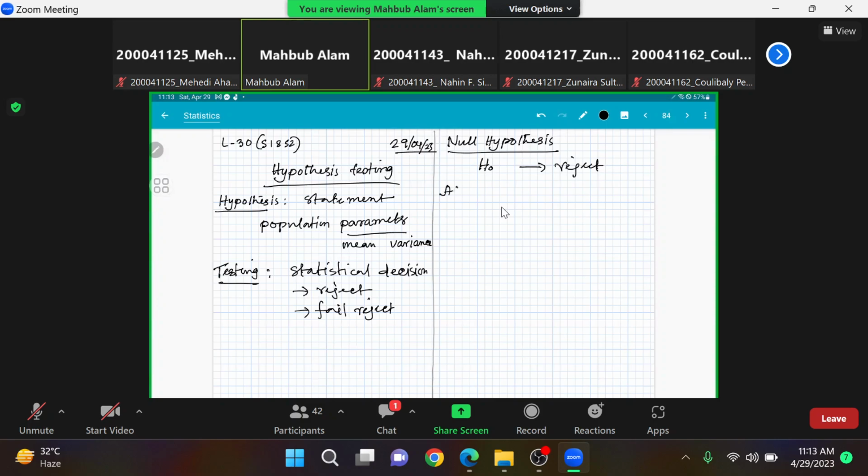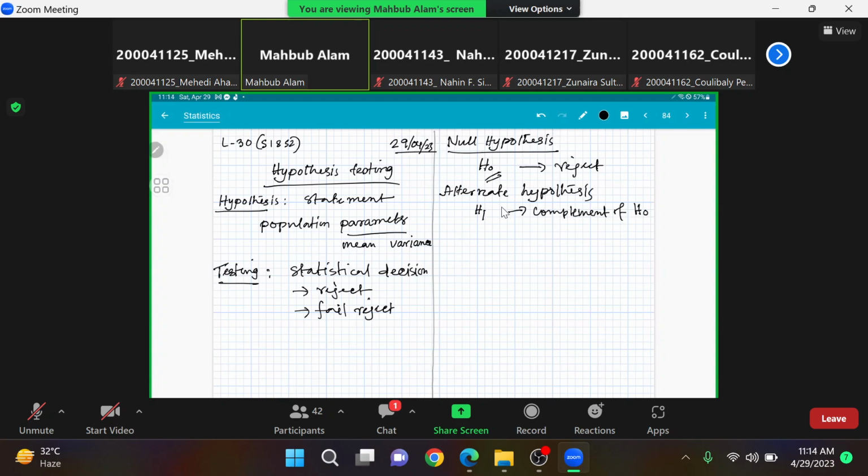Another one is the alternative hypothesis, denoted by H1. It is usually a complement of H naught. This means if we reject H naught, the null hypothesis, then we accept the alternate hypothesis. On the other hand, if we do not reject the null hypothesis, then we reject the alternate hypothesis.